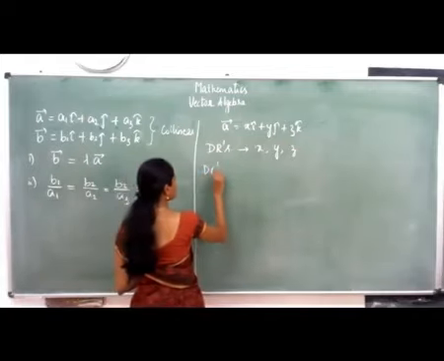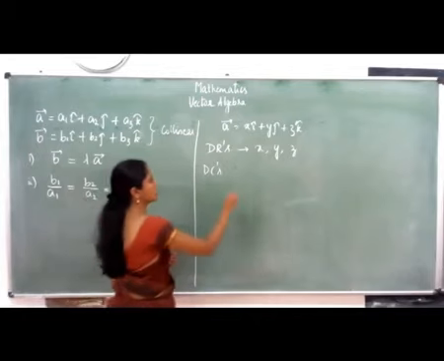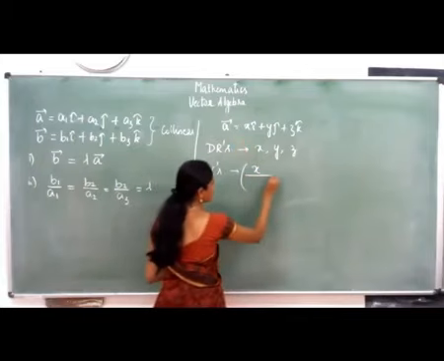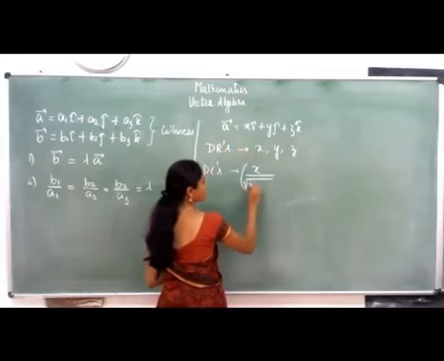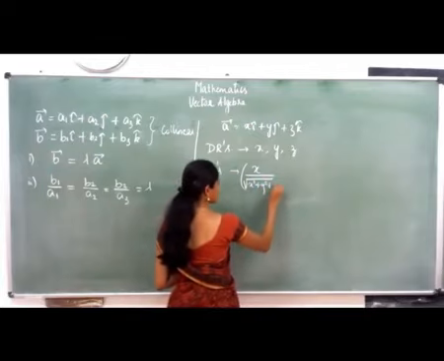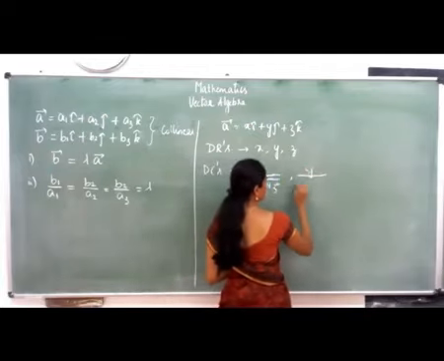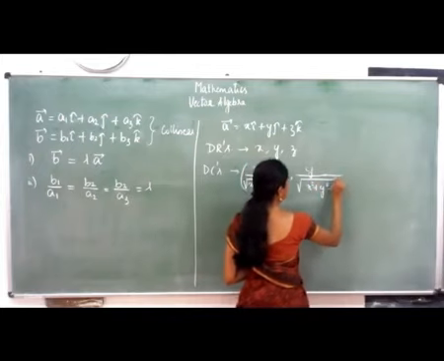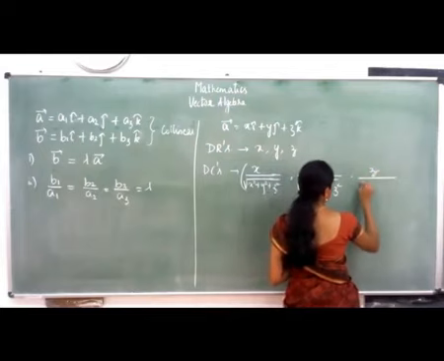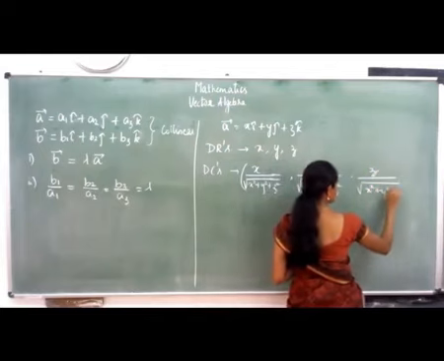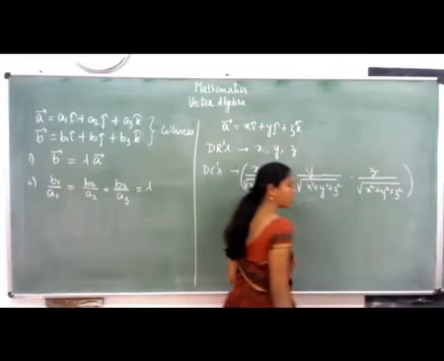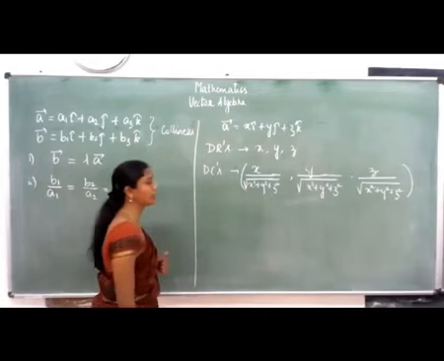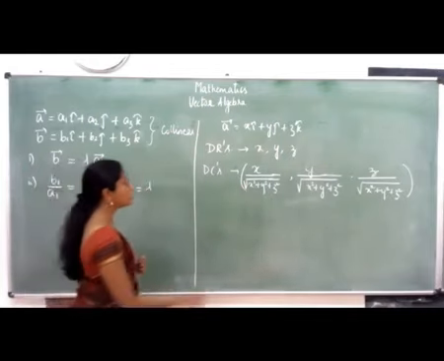Now how to find its direction cosines? The direction cosines will be given by x, that is the i component first, x divided by root of x square plus y square plus z square, and y divided by root of x square plus y square plus z square. Then we have z divided by root of x square plus y square plus z square. We use this formula to find the direction cosines. So this is how we find the direction cosines and direction ratios.